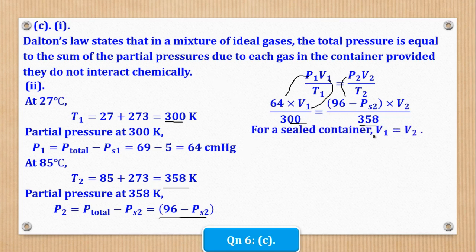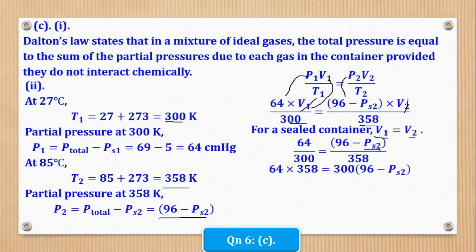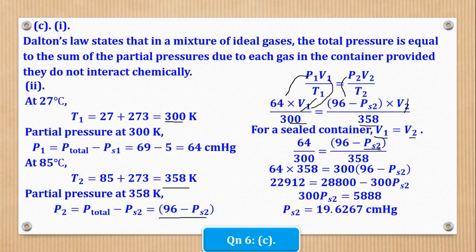It means that the volume doesn't change, therefore V1 is equal to V2. So this can cancel with this. Now we have only one unknown, which is PS2, so our aim is to make it the subject. When you cross multiply, simplify, and make PS2 the subject, you'll come up with 19.6267 centimeters of mercury. That's the saturated vapor pressure which was required.